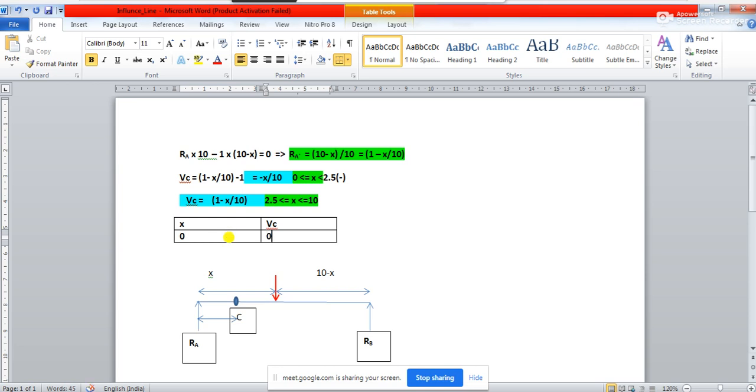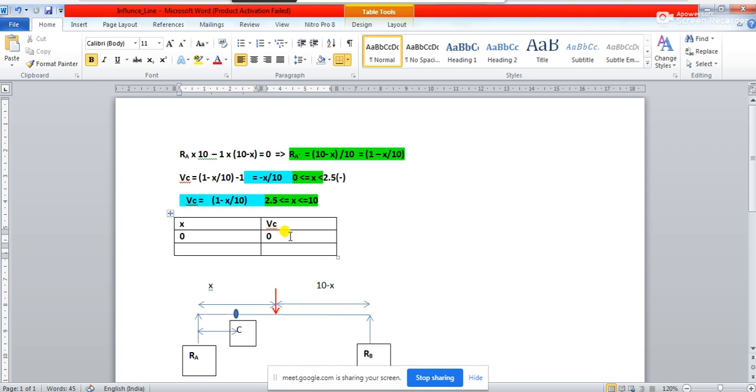Now at x equal to 2.5 minus, and do you understand what 2.5 minus means? Left-hand side, yes, just left of C, a little left of this C. So at x equal to 2.5, this is the limit value.